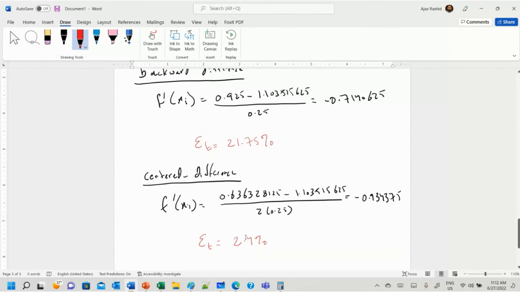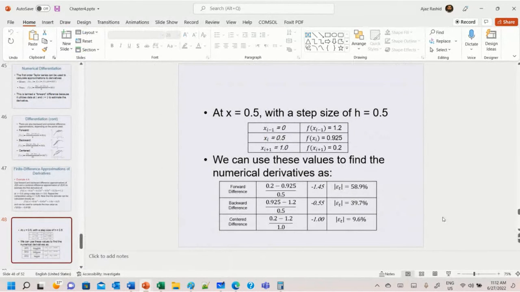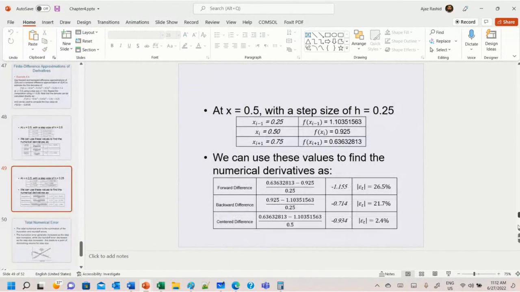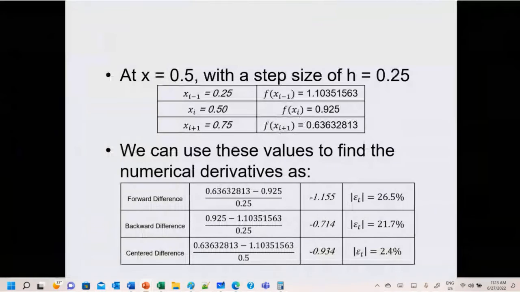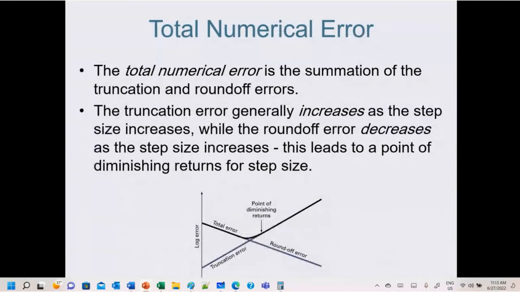So we see the benefits of using the center difference, which has an error of the order of h square, as compared to the methods which have an error of the order of h, which give us bigger errors. So this is this example. You have the values here given in the slides for the different methods. That's giving the truncation errors.